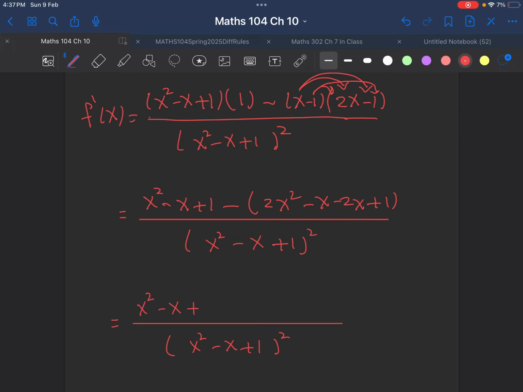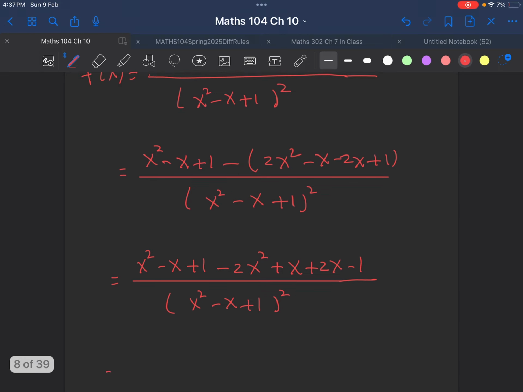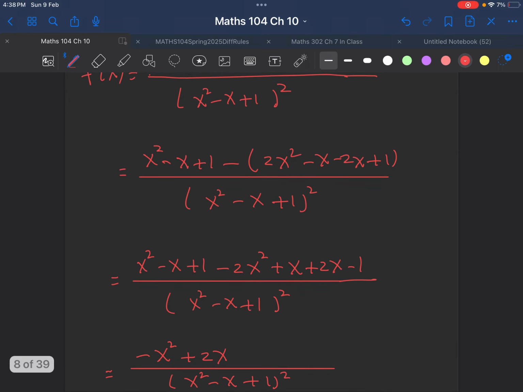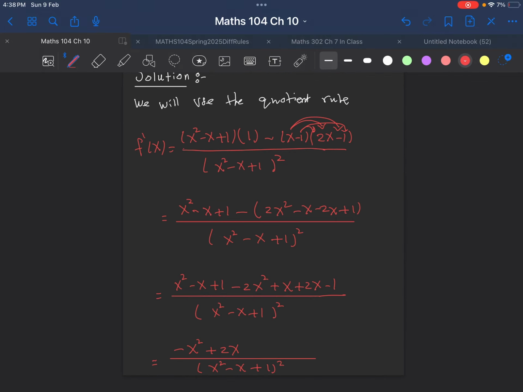Here we get x squared minus x plus 1 minus 2x squared plus x plus 2x minus 1. Now we can do the final simplification accordingly. If we do the final simplification, it will be minus x squared plus 2x, and that's the remaining thing.